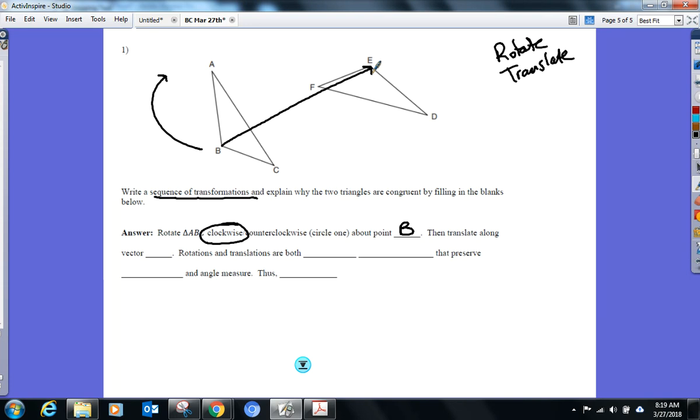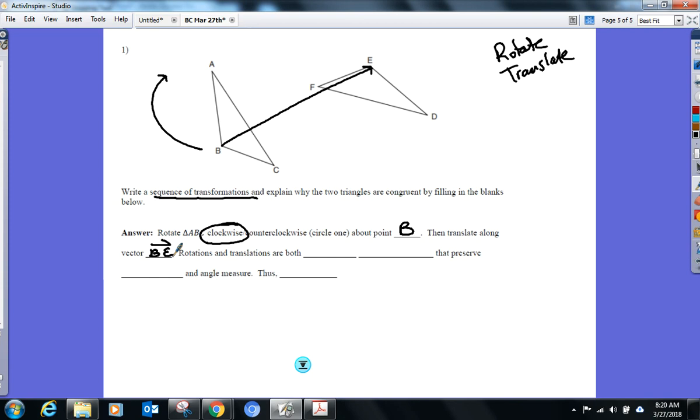If you picked point A, your vector's got to be AD. So it all depended on what point you ended up rotating around. If you did the construction and found the point of rotation, you could do any vector you wanted to. You could go from B to E, A to D, or C to F, but it all depended on what point you rotated around.